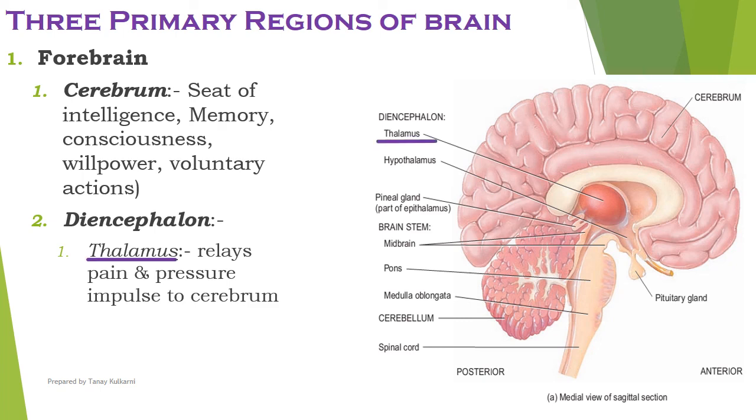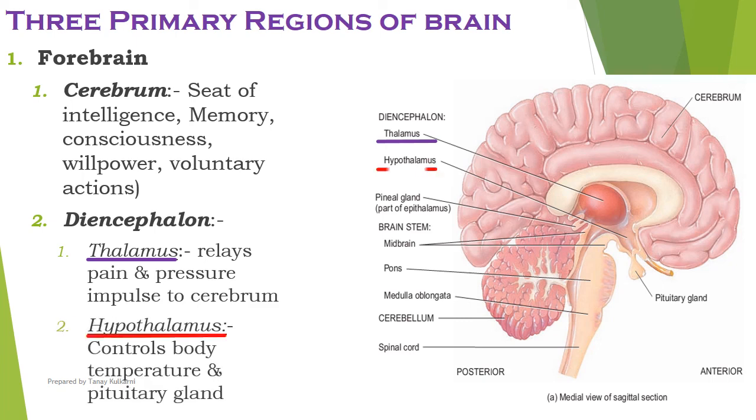Can you see the thalamus in this diagram? This thalamus is a relay center for pain and pressure to the cerebrum. All impulses regarding internal or external pain or pressure come to the thalamus. Thalamus will analyze and amplify those impulses to the brain or cerebrum.